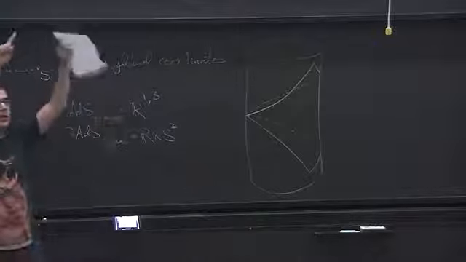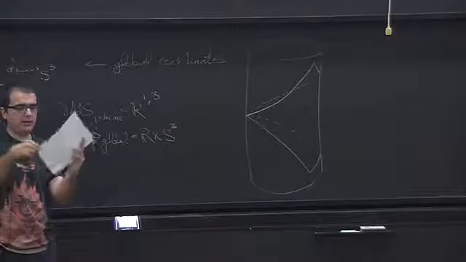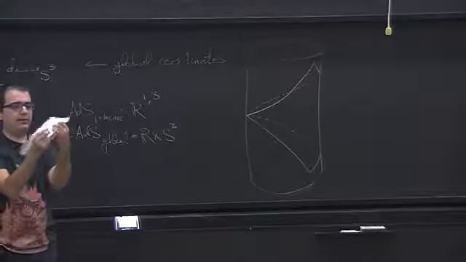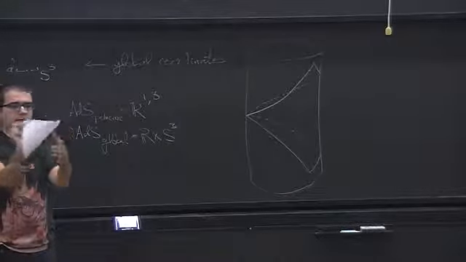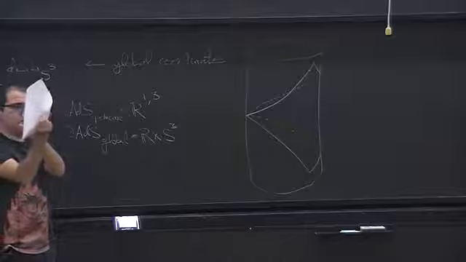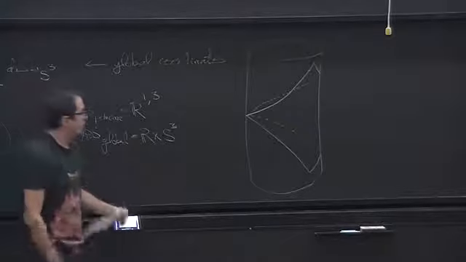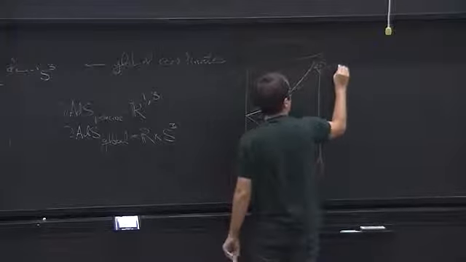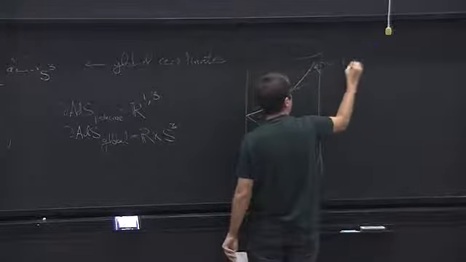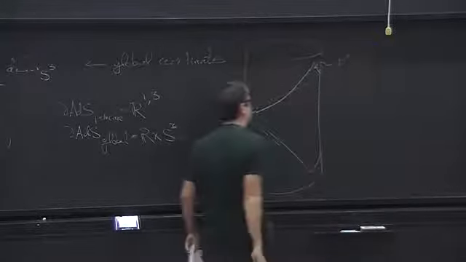You take a square like this, and you just wrap it around like this. So this surface here is the map of Minkowski space, of this z equals 0 in the previous picture.